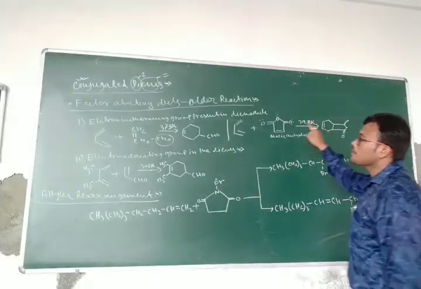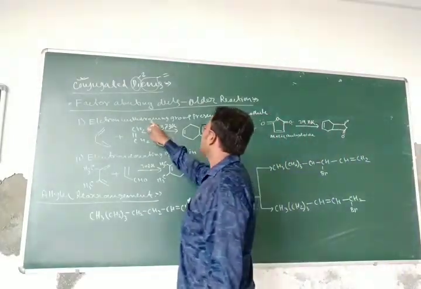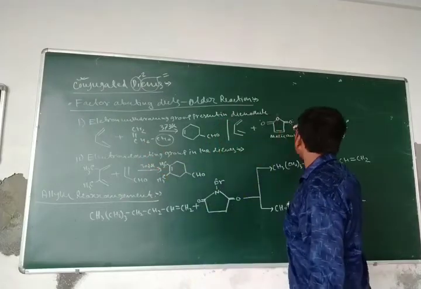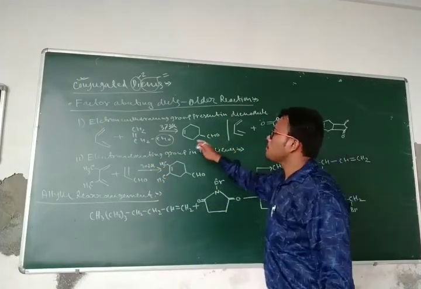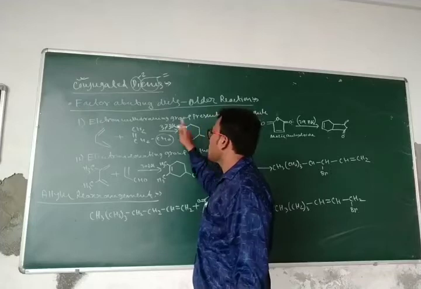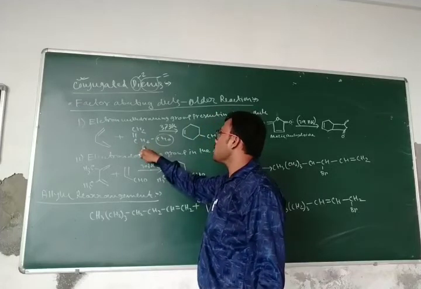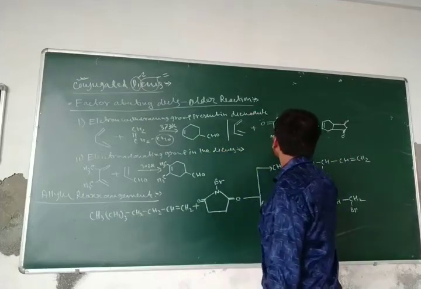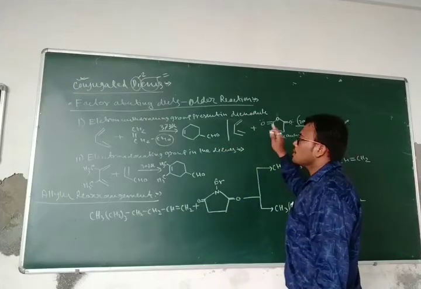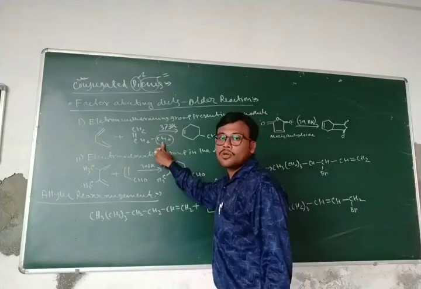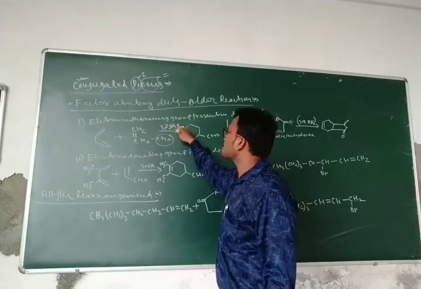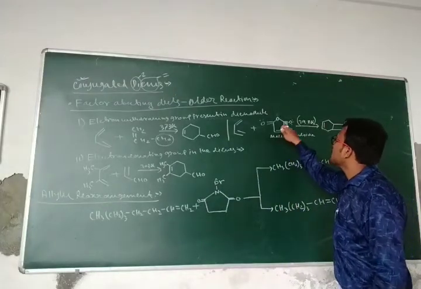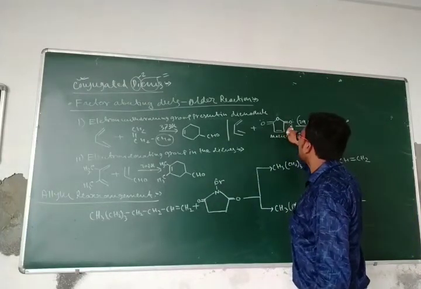But the difference is, if fewer electron withdrawing groups are present in the dienophile, the temperature required is much higher; if more electron withdrawing groups are present in the dienophile, then the temperature required is very low. Suppose here one electron withdrawing group is present, temperature required is 373 Kelvin, and in the reaction maleic anhydride contains two electron withdrawing groups, that is two oxygens.